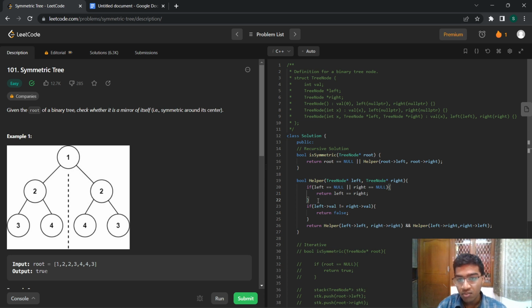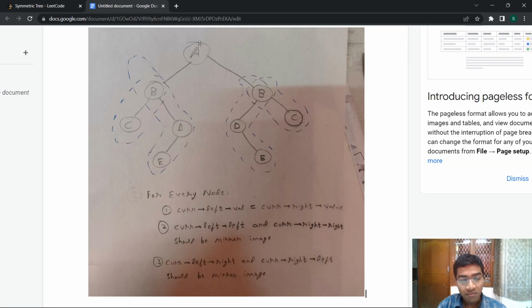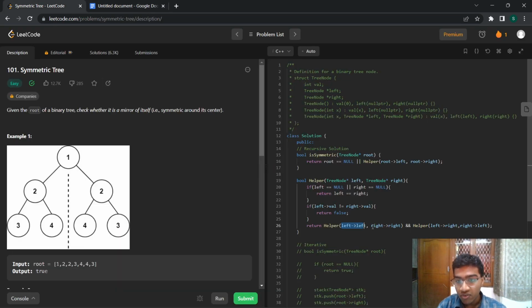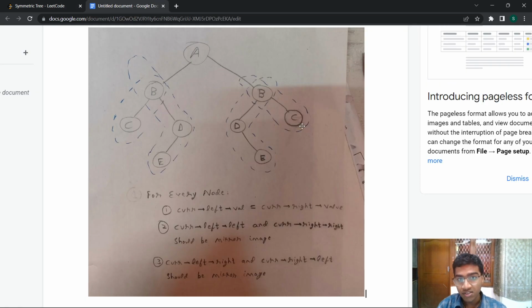Other than that, if both nodes have some value, then I check if the values of both nodes are the same. If they are not the same, I return false. And if they are the same, we move to the next statement, in which, as I explained, we check left of left and right of right. When we were at A, the left of left is C. So basically we are checking whether this part BC is a mirror image of the right BC.